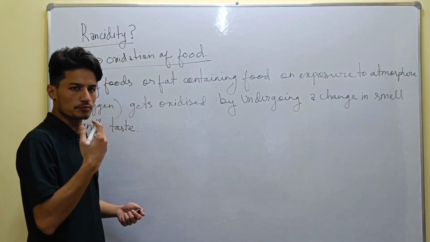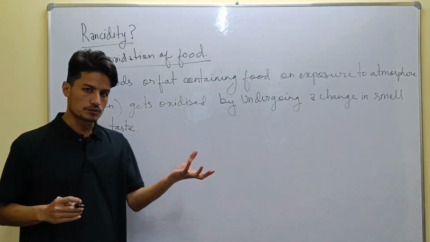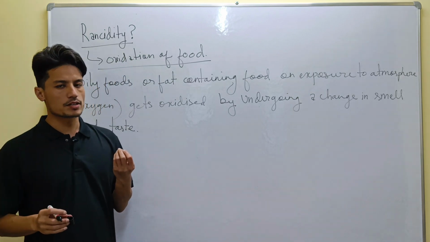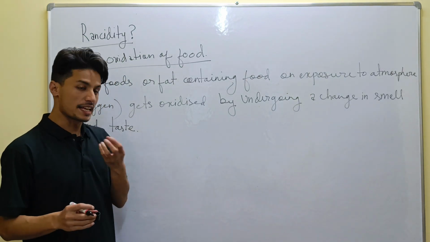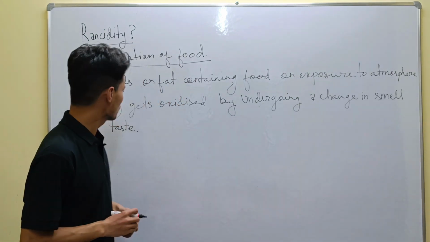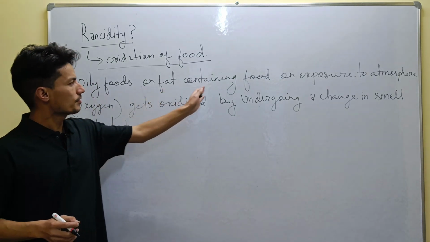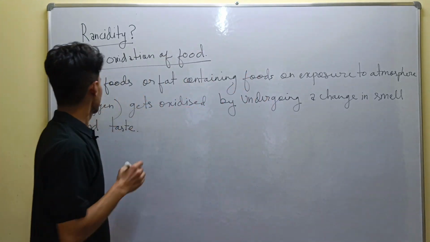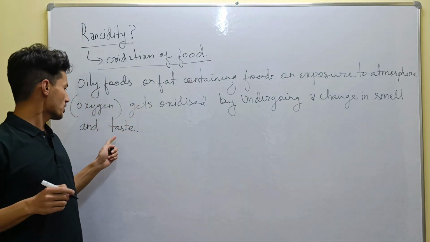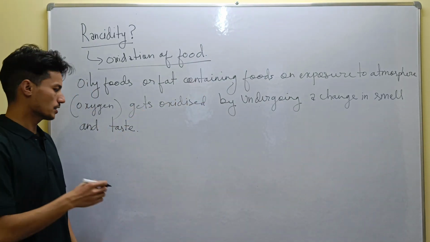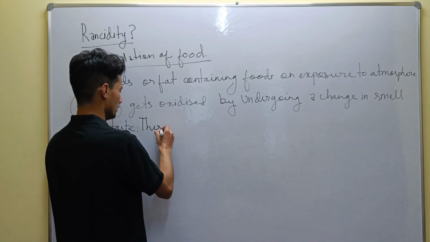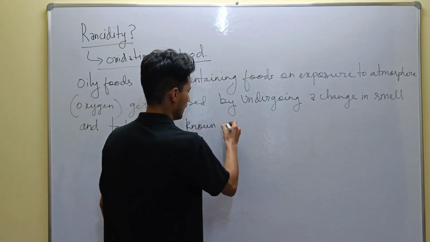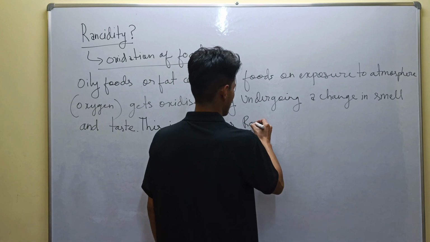So you will know rancid food. The smell, because whenever we eat, the smell is also a major factor. And the taste, definitely your tongue will tell you the taste. So oily foods and fat containing foods on exposure to atmosphere gets oxidized by undergoing a change in smell and taste. This is known as rancidity.